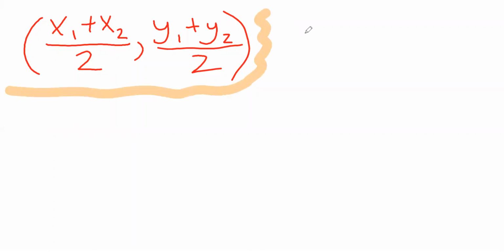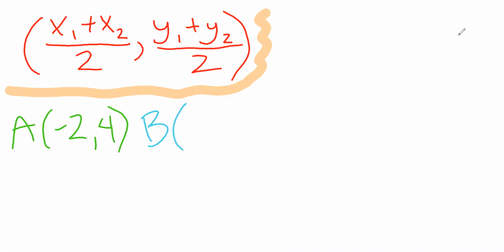So let's say, for example, that we have the points, we'll call this A, and we'll say that this is the point -2, 4. And let's say that B is 3, 12.